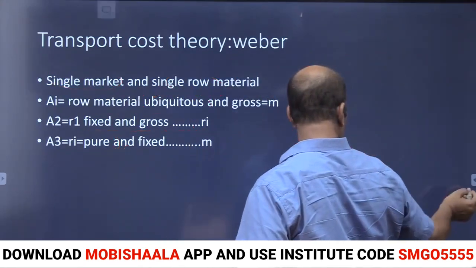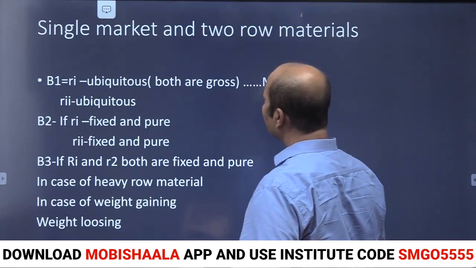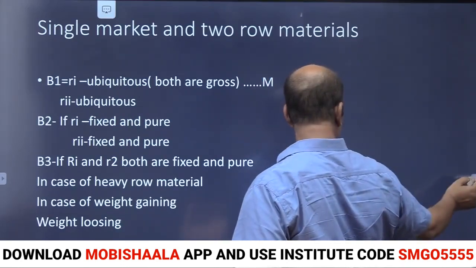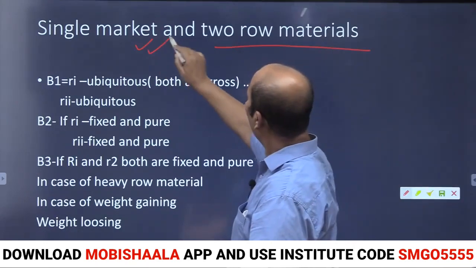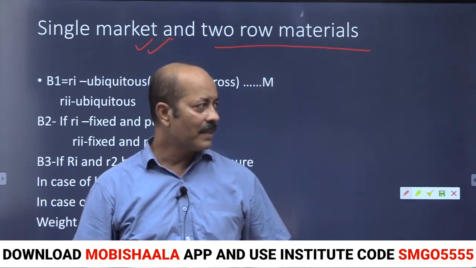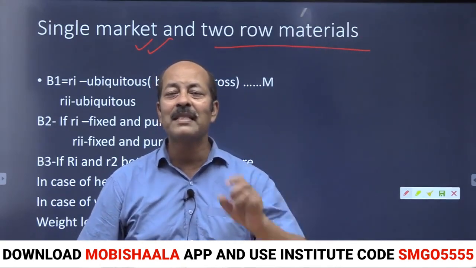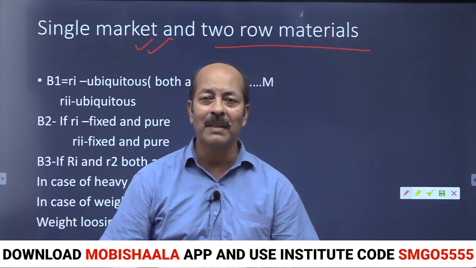Now come to the second area, students. Now we have a single market and two different raw materials. We have to establish the industry for better economic benefit.